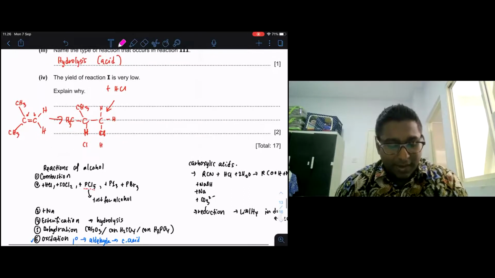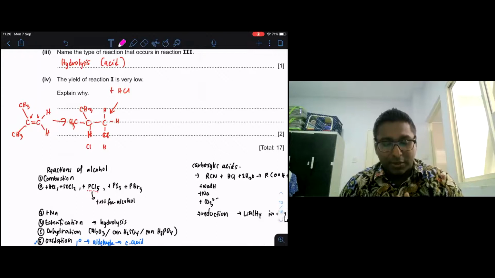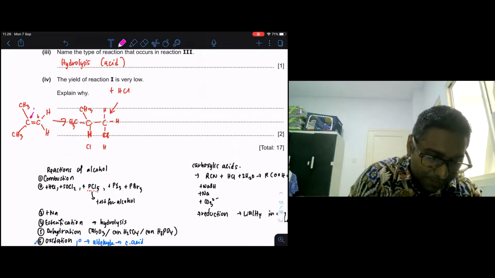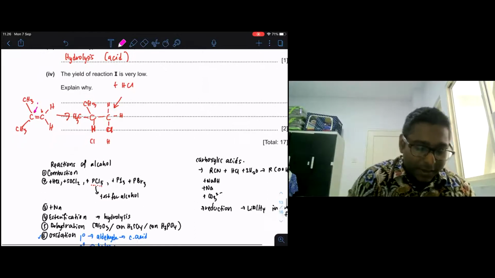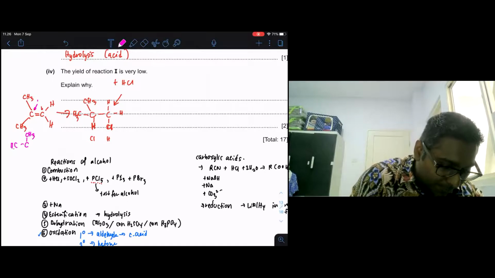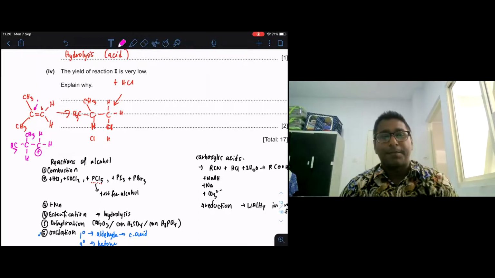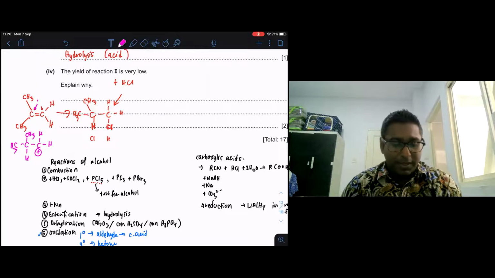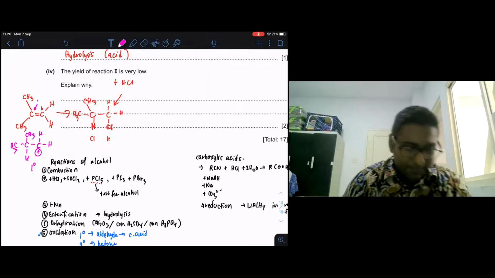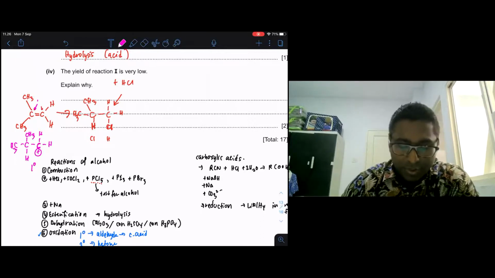So let's identify what type of carbocation is being formed over here. In this case, the H went here. So it means what happens here is CH3, H went here, and then CH, and then you have a carbocation over there. Now you are forming a primary carbocation.